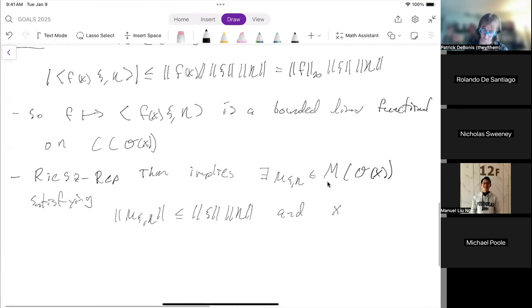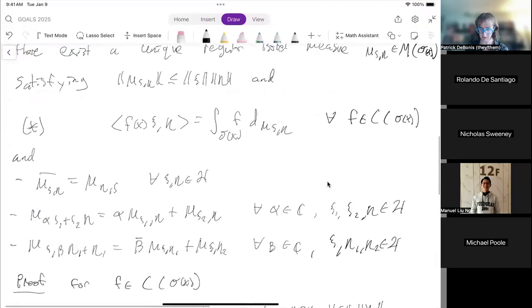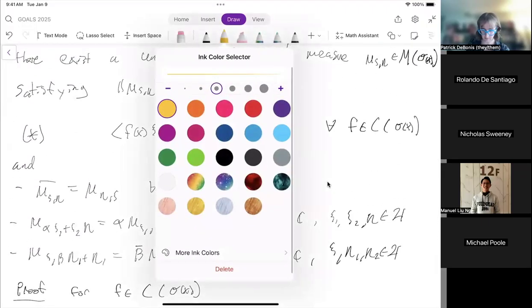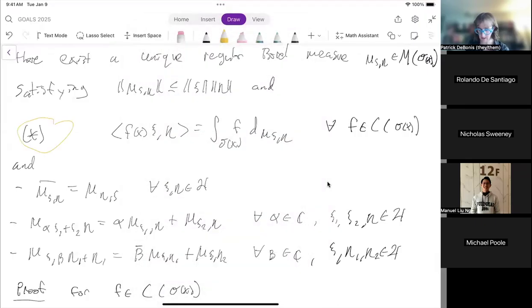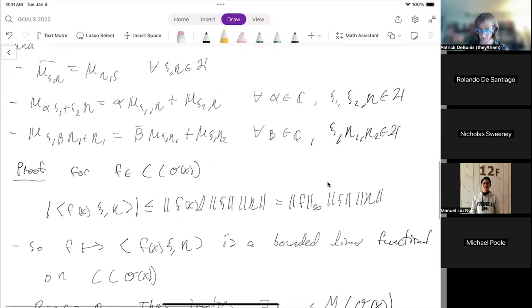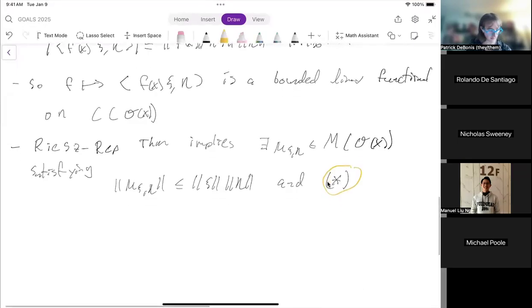And then also the other property we wanted, this property star, that the inner product equals integrating against this measure over that spectrum. And so this is really just coming from the Riesz representation theorem.